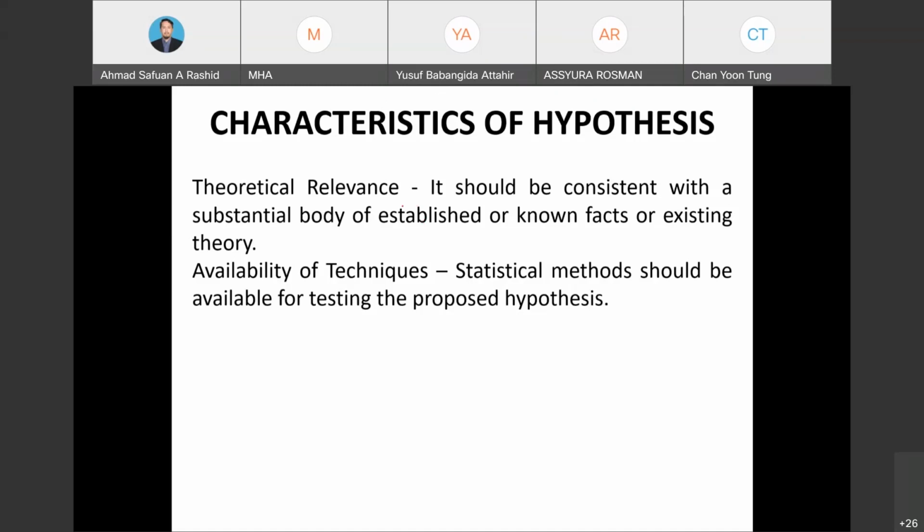Theoretical availability of techniques. Okay. A statistical method should be available for testing the proposed hypothesis. Okay.